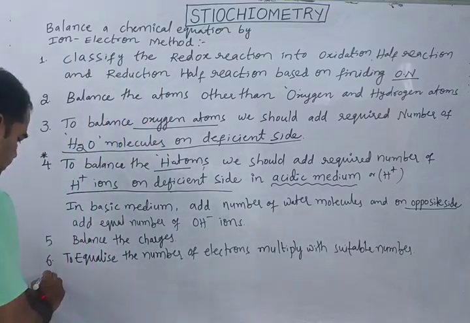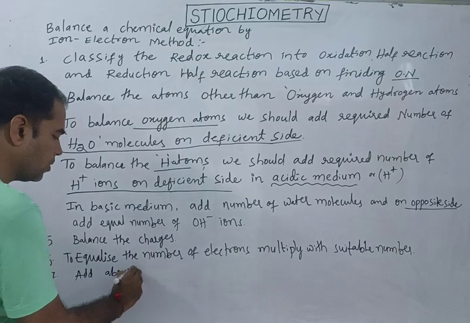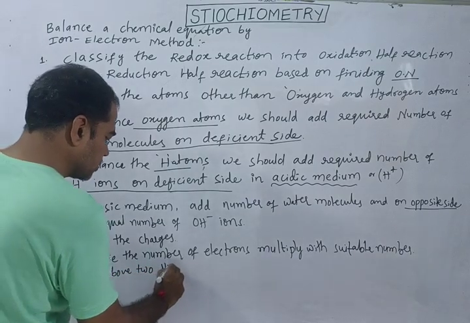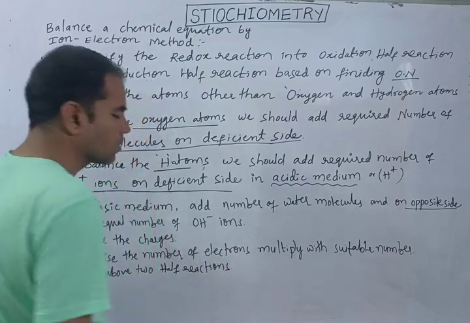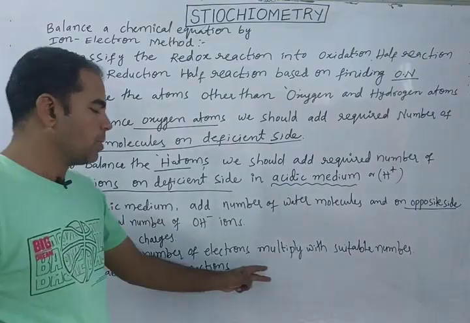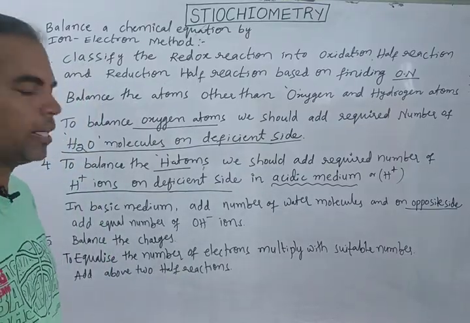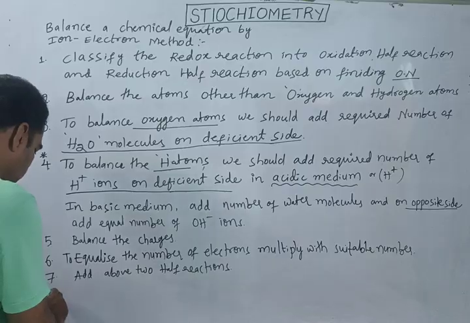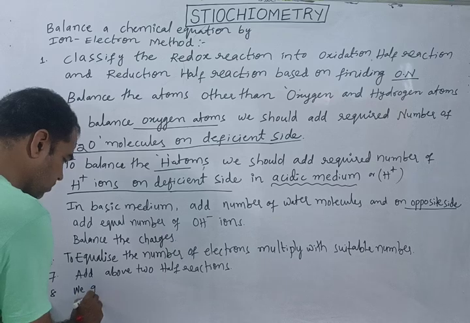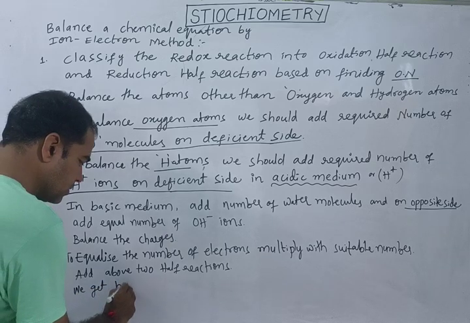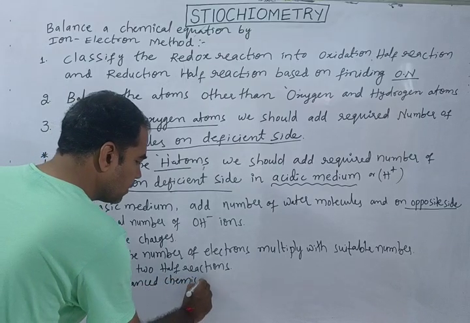Next, add the above two half reactions. When the common terms, that is the number of electrons, get cancelled, we finally get the balanced chemical equation.